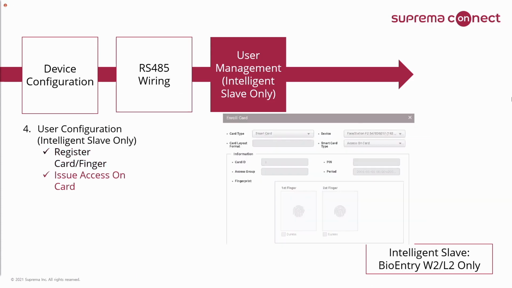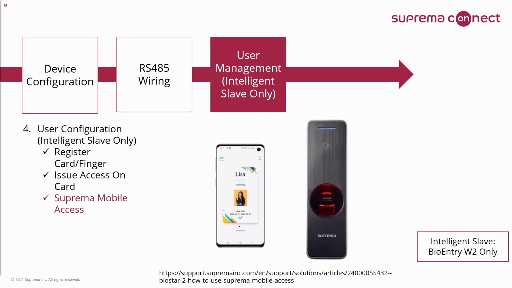If you need to use an Access on Card, you can issue an Access on Card through BioStar 2 software. In addition, Suprema Mobile Access is also available. For more information on how to use it, refer to the Suprema Technical Support site document.